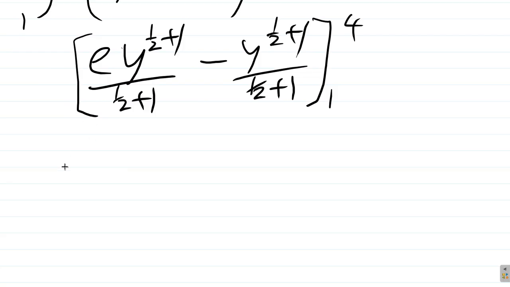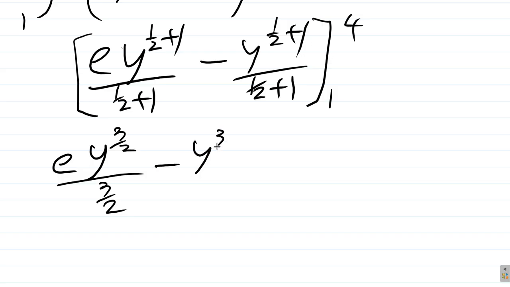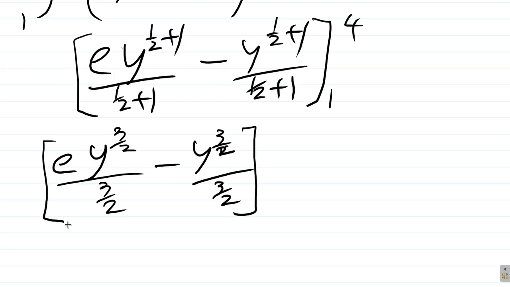So this is e times y to the half plus 1 is 1 and a half, 1 and a half, 2, 1 to 1, 3 over 2, 3 halves, over 3 halves, minus y to the 3 halves, 3 over 2, over 3 over 2, right? From 1 to 4.